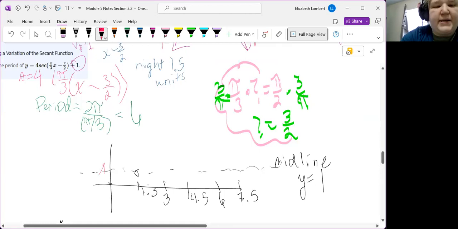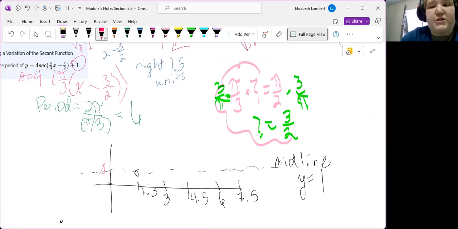So this is 1, but our amplitude is actually 4. So I want to go 4 units above and 4 units below this midline. So 1 plus 4 goes up to 5. 1 minus 4 goes down to -3. So there's my highs and my lows.